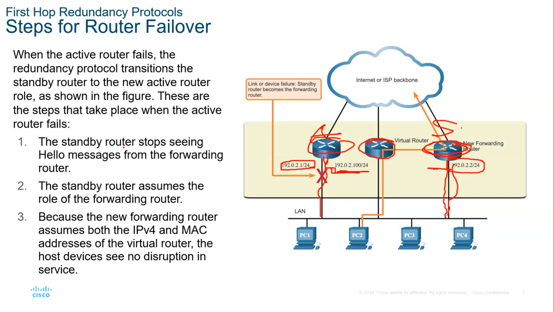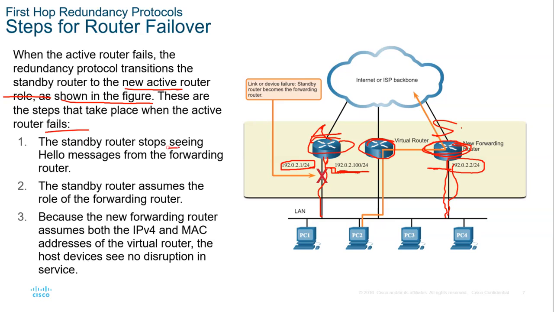When the active router fails, the redundancy protocol transitions the standby router to the new active router role, as shown in the figure. These are the steps that take place when the active router fails.